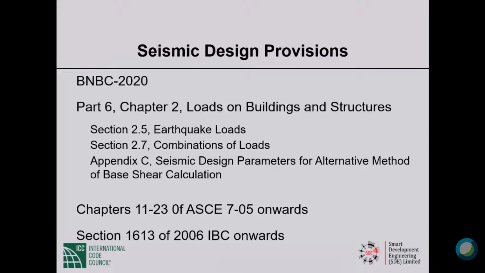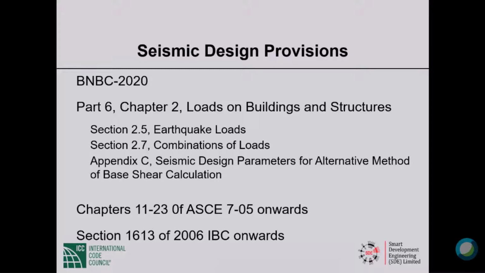In ASCE 7-05, the base document, seismic design provisions are in Chapters 11 through 23. That was not the case in ASCE 7-02. It was in Chapter 9 in ASCE 7-02. In ASCE 7-05, seismic design provisions were reorganized. Since then, they have been in Chapters 11 through 23.